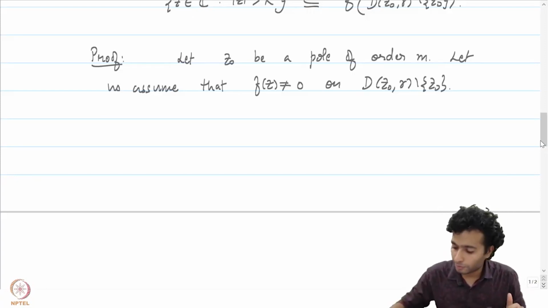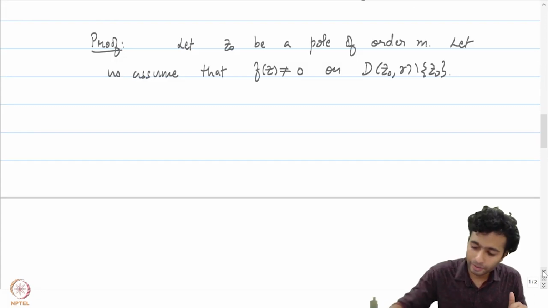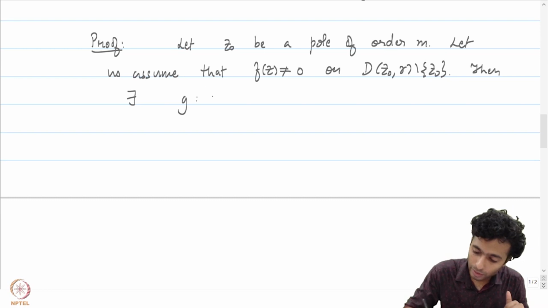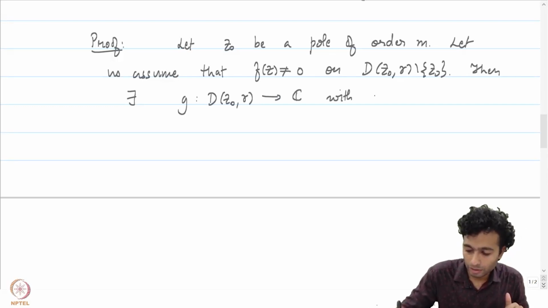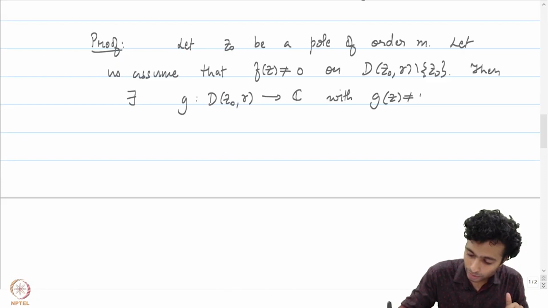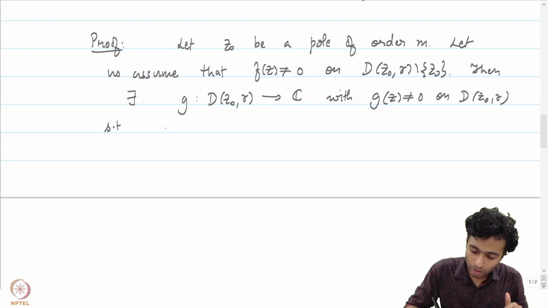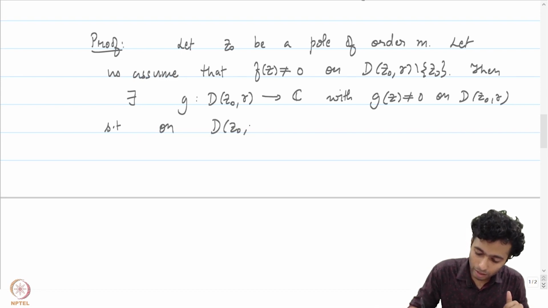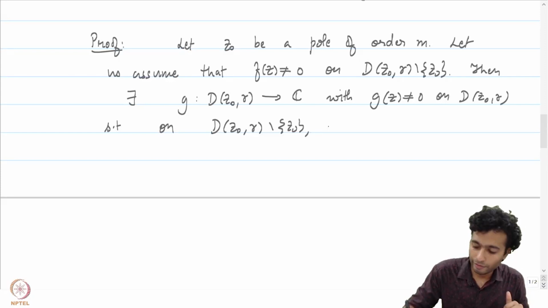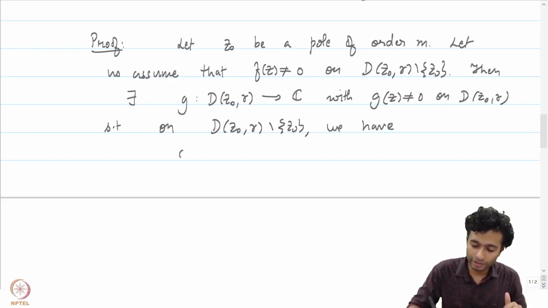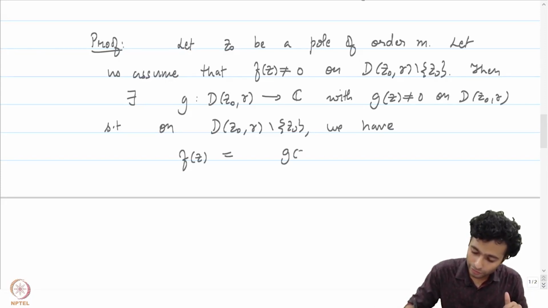So this can certainly be assumed, and because it's a pole of order m, there exists some function g which has a removable singularity, hence will be defined on D(z0, r) into C, with g(z) not equal to 0 on D(z0, r), such that on D(z0, r) minus z0 we have f(z) equal to g(z) divided by (z minus z0) to the power m.